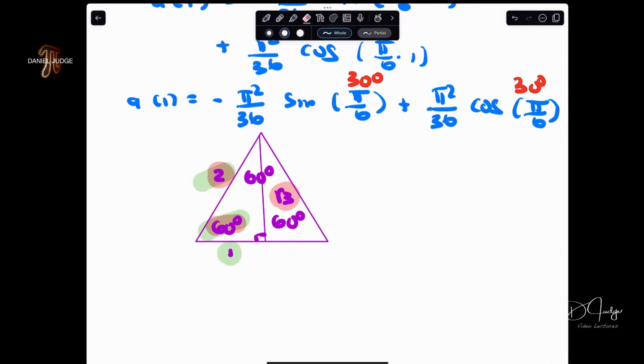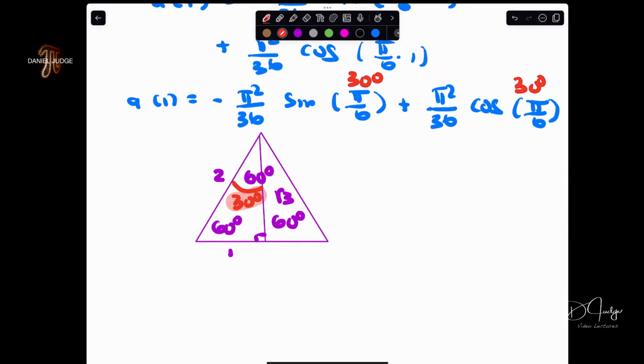So let's look at this special triangle here. Now, right in here, 30 degrees, we bisect the 60.